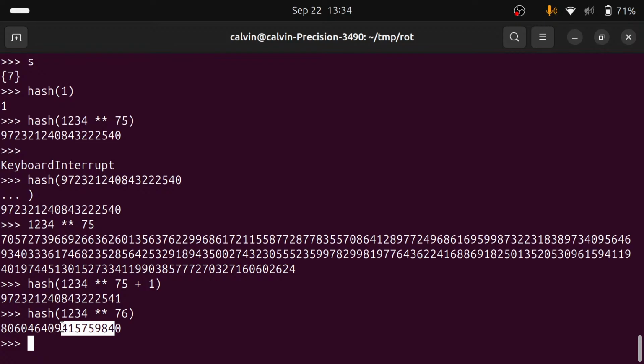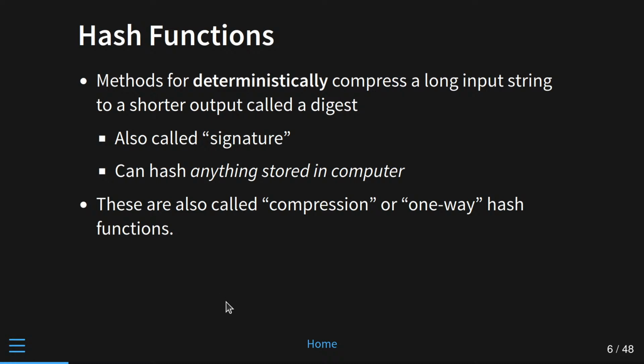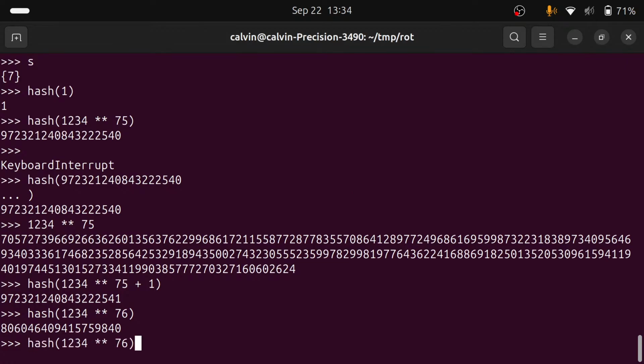So they're not related in terms of, I don't know, derivative or something, right? Okay. This is called compression, and one way for the same reason, which is that I take a large number of bits and I get a small number of bits, and specifically I get a fixed size number of bits.